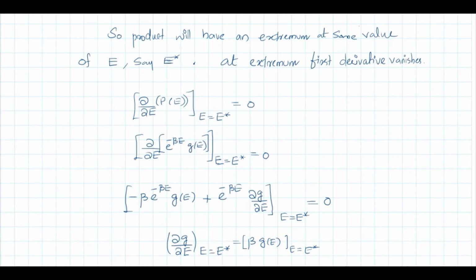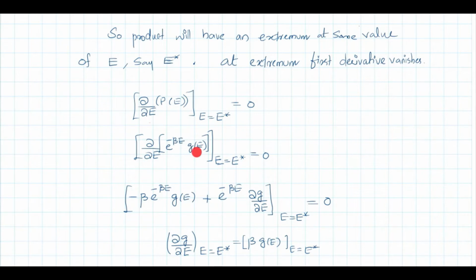At this extremum point, the first derivative of the probability density will vanish. That is, we can write dou by dou E of P of E evaluated at E equal to E star is 0. Substitute for P of E, it is the product of e raised to minus beta E, the Boltzmann factor, into the density of states G of E. Take the derivative and apply the product rule.